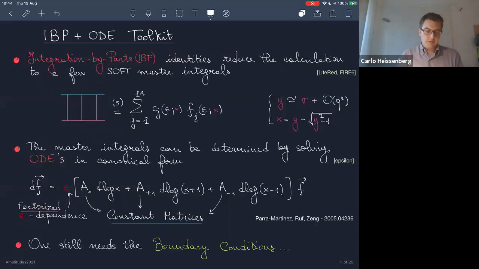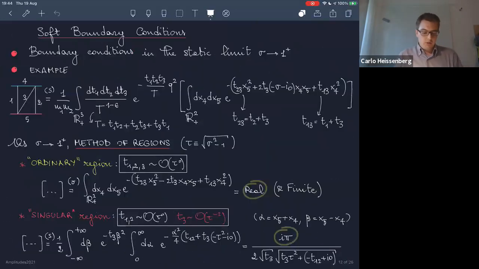In turn, the master integrals obey ordinary differential equations, which can be put in Hahn's canonical form. And so really the only thing left to do is to evaluate the boundary conditions. And we evaluate them for sigma going to 1, which is the static limit, if you want, velocity going to 0. Here, again for completeness, I've just written down one of these master integrals in the Schwinger parameter representation.